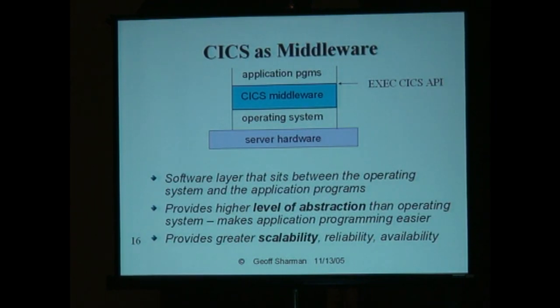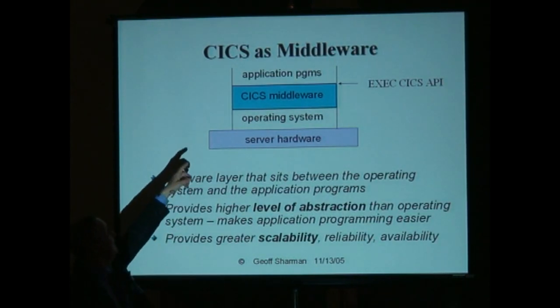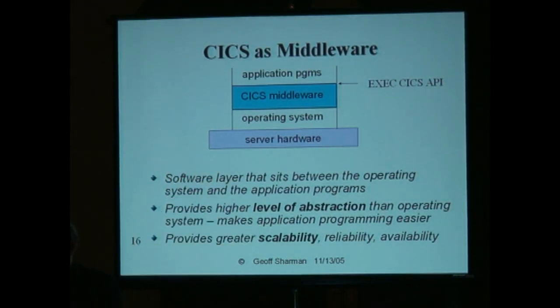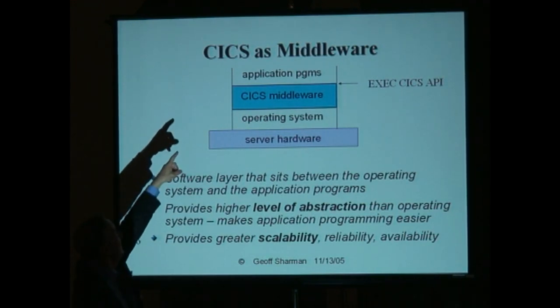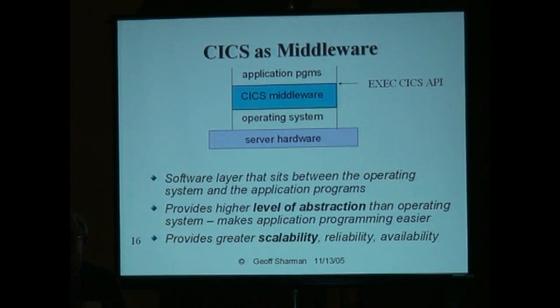So one way of looking at CICS is as a layer, and although we've heard about the disadvantages of layers, they do have advantages as well. The CICS application up there could only touch CICS. It wasn't allowed to touch the operating system under pain of death.